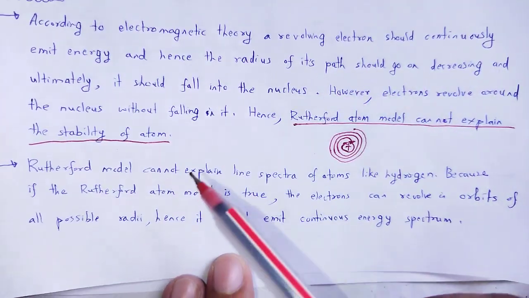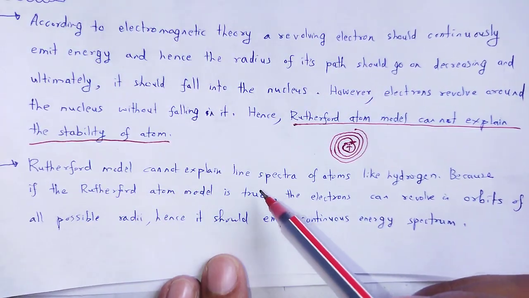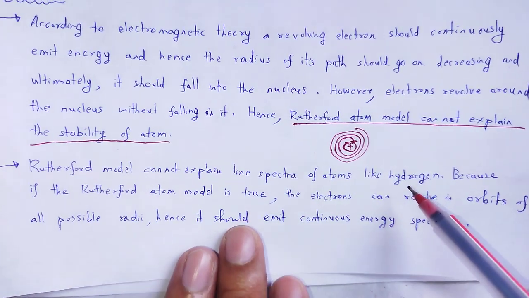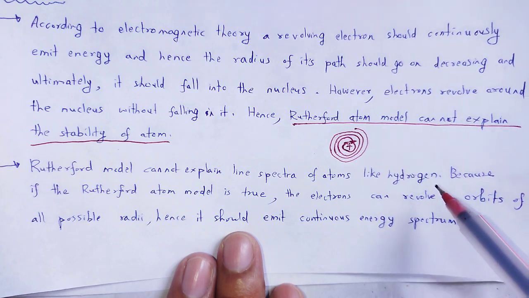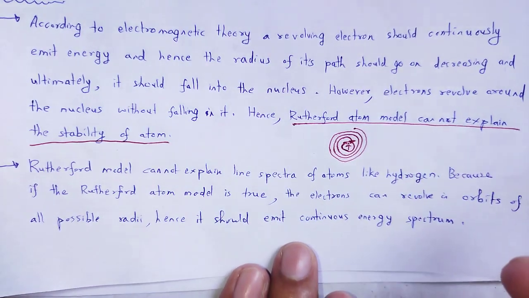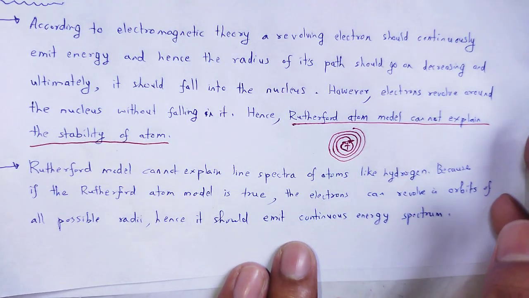Next limitation. The Rutherford model can't explain the line spectra of atoms like hydrogen. As we previously discussed, in the case of the hydrogen atom we see line spectra, the spectral series named Balmer series, Lyman series, Paschen, Brackett, Pfund.